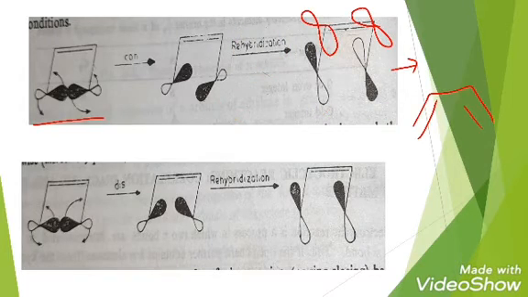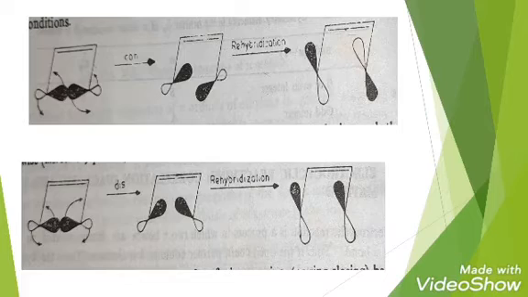These p orbitals are now overlapped sidewise with the adjacent p orbital present on the adjacent carbon atom to form a new pi bond. As a result, we get this type of compound. So the closed cyclobutene forms the open chain structure of butadiene.